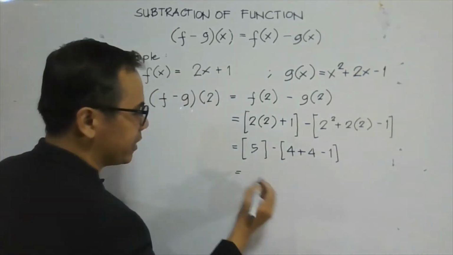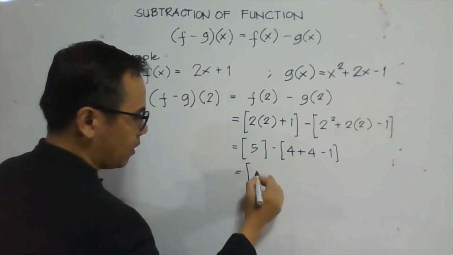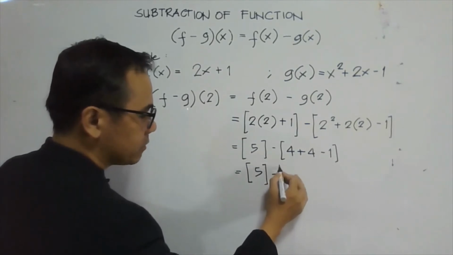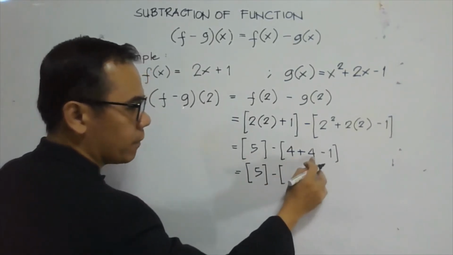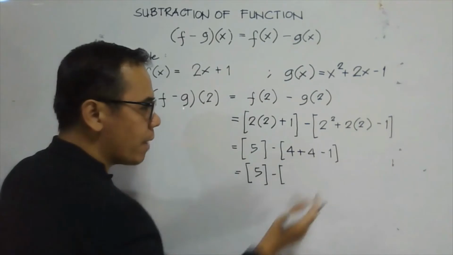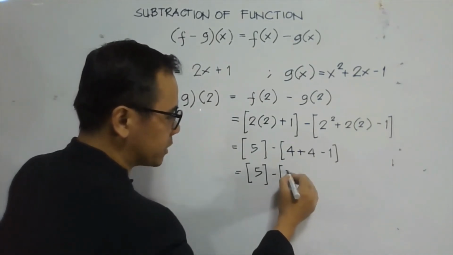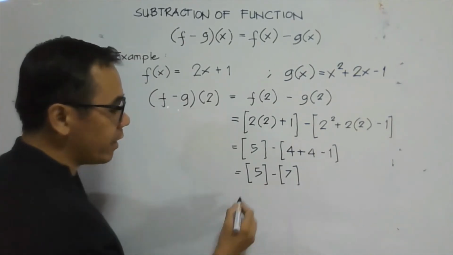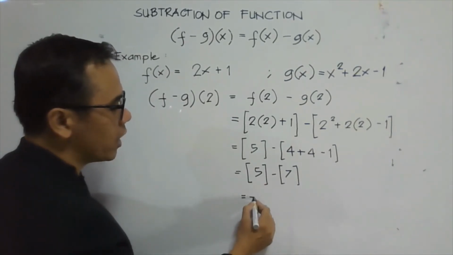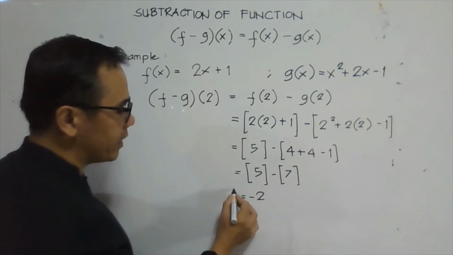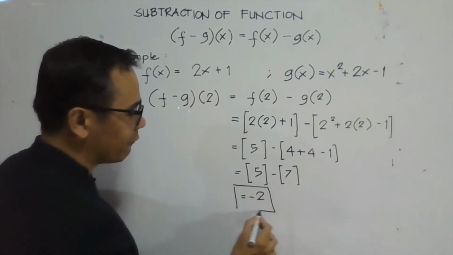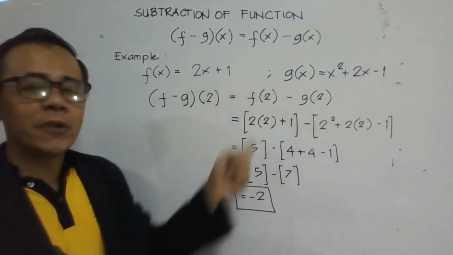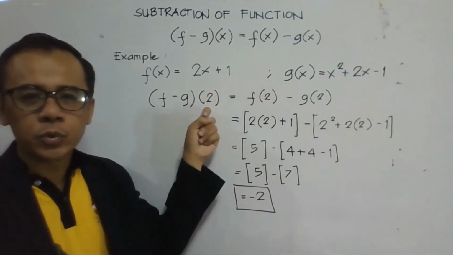So you have here now 5 minus 4 plus 4 is equal to 8 minus 1 is equal to 7. So we have now 5 minus 7 is equal to negative 2. This is now our final answer for the difference of these two functions if x is equal to 2.